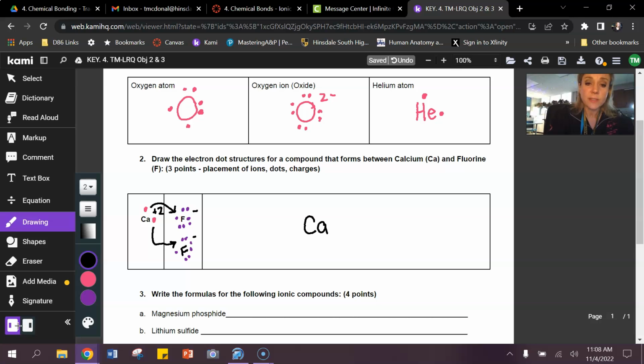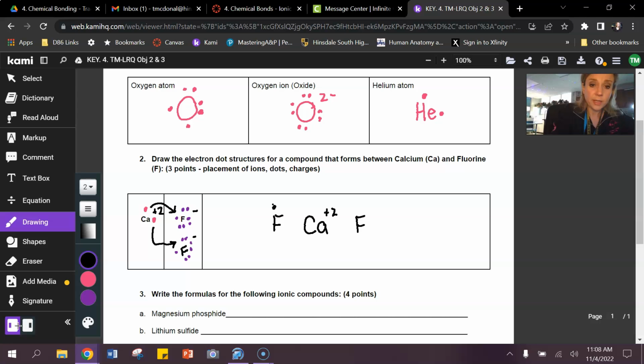And calcium, as I said, has a +2 charge. I'm not going to put any dots around calcium because calcium lost all of its electrons, so there aren't any dots to draw. Now let's draw fluorides. I'm going to put my fluorides on either side of calcium. Why? Because if I put them together, then the particles are going to repel, because like charges repel.